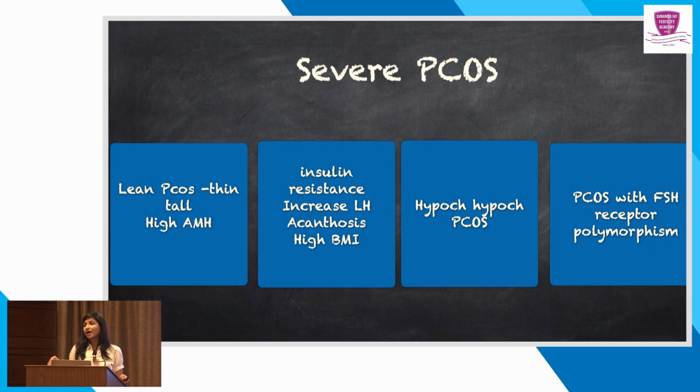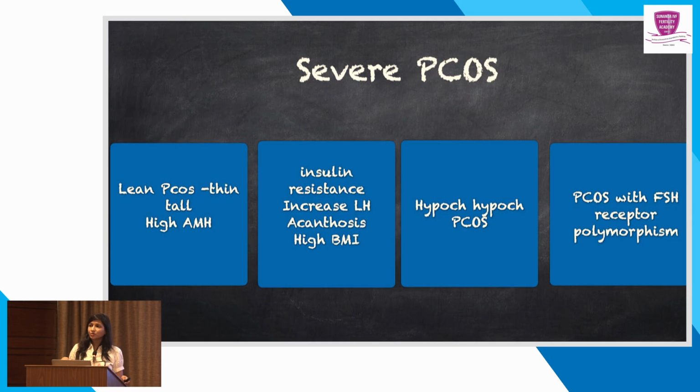What we just discovered is that what is bad in PCOS is not high androgen level. What is bad in PCOS is high insulin resistance. So a lady who has high insulin resistance, increased LH, and along with that high androgen levels and BMI, is again a resistant PCOS.